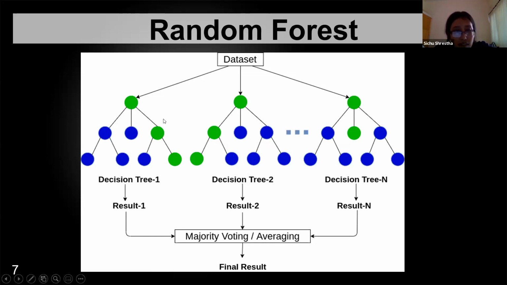From a set of data, we randomly select from the training data set. Random data are selected and one decision tree is built, and another random data set is selected to create another decision tree. Similarly, a number of trees are developed, and based on the results of those decision trees, voting is done, averaging is done, and then the final value is decided.